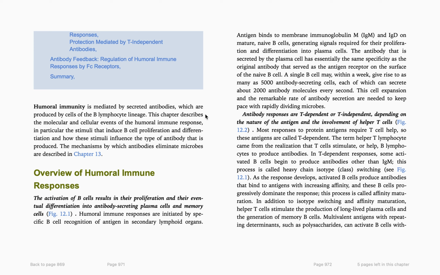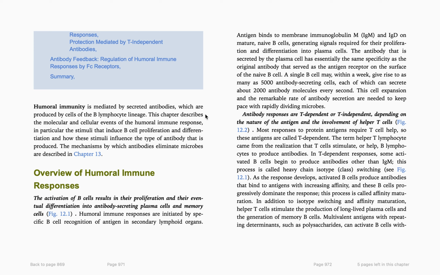In T-dependent responses, some activated B cells begin to produce antibodies other than IgM. This process is called heavy chain isotype class switching. As the response develops, activated B cells produce antibodies that bind to the antigen with increased affinity, and these B cells progressively dominate the response.